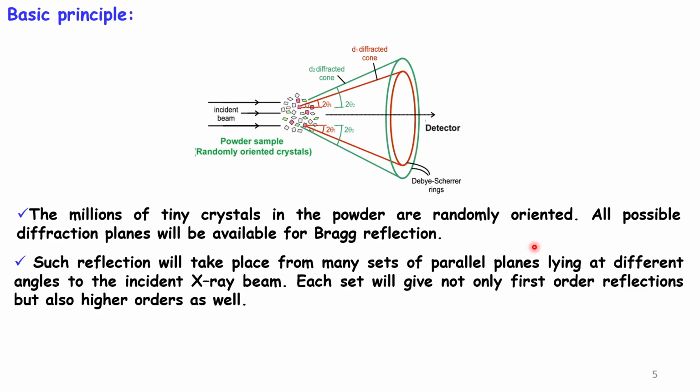Such reflections take place from many sets of parallel planes lying at different angles to the incident X-ray beam. We know that the powder material consists of a number of sets of parallel planes, and they are oriented in different directions.